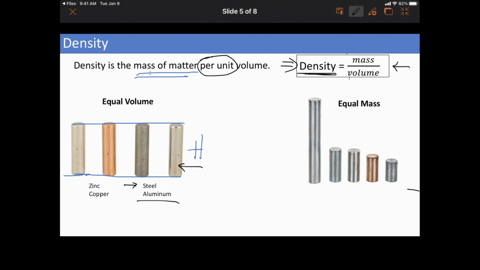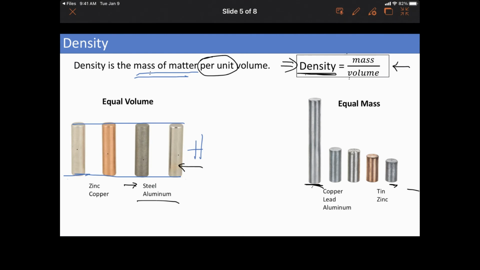So copper, no matter what the weight or volume, will always have the same density for all copper items. So if we're looking at this, we can see that if all the mass is the same, their weights are the same, if you pick them up, they're going to be the same weight. But it takes way more of this to equal this, which is less.